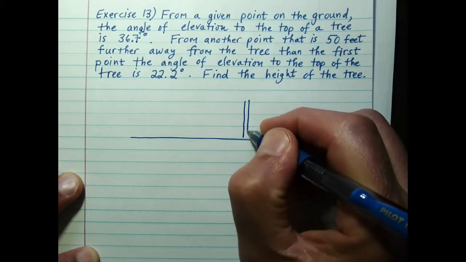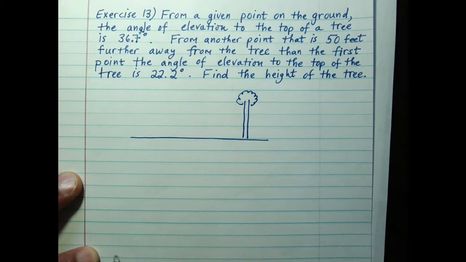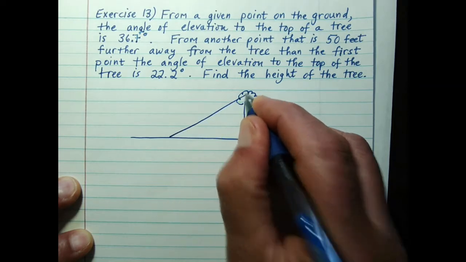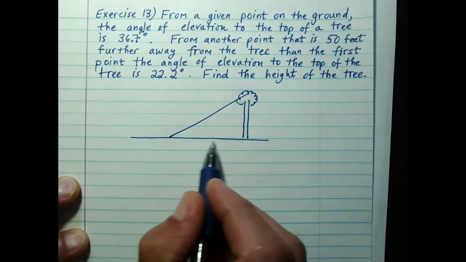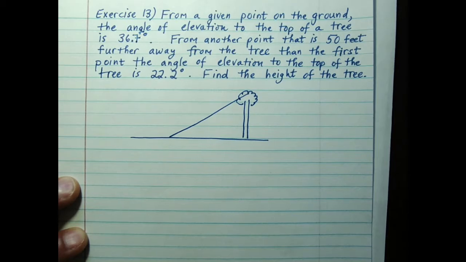We've got this tree. And what we're saying is from a certain point on the ground, the angle of elevation to the top of the tree. Now I have to make sure one side is horizontal for an angle of elevation or an angle of depression.